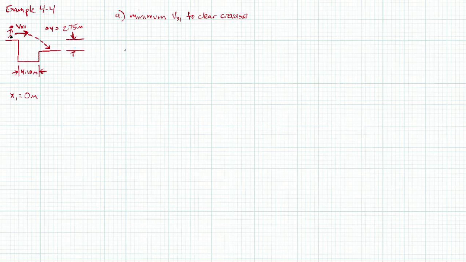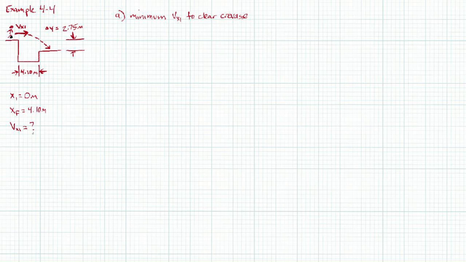So in order to solve for the minimum velocity, we're going to make our x final, our final position, be exactly what we need to clear it, and that's 4.10 meters. And the question is, what's the initial velocity in the x direction that's required to do that?